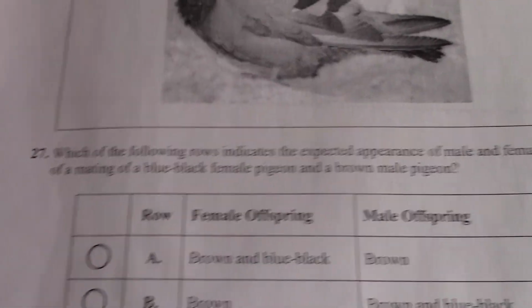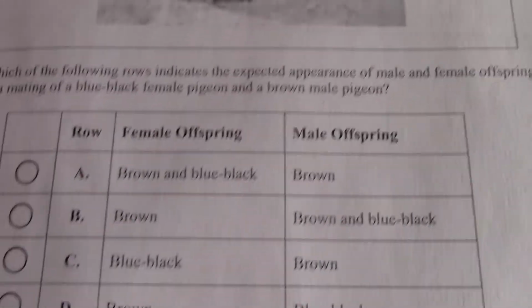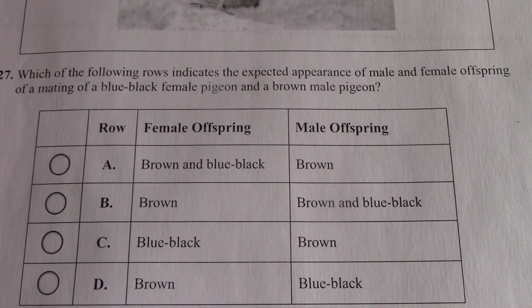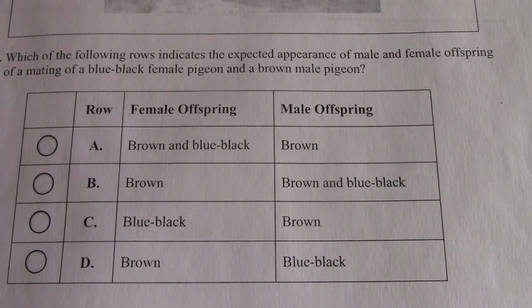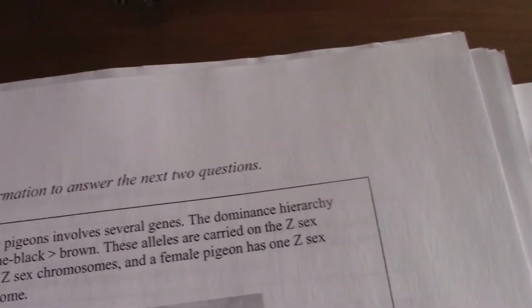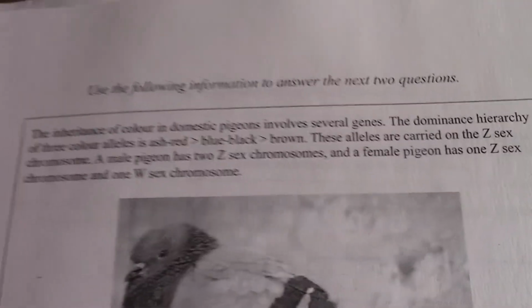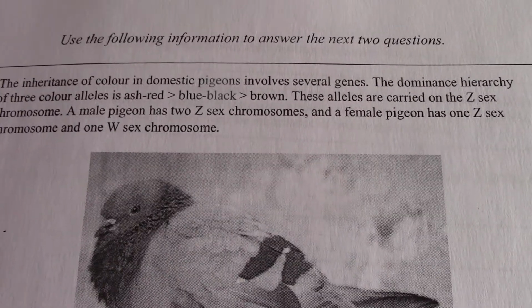So the question asks, which of the following rows indicates the expected appearance of male and female offspring of the mating of a blue-black female pigeon and a brown male pigeon? And my apologies, these alleles exist on the sex chromosomes.